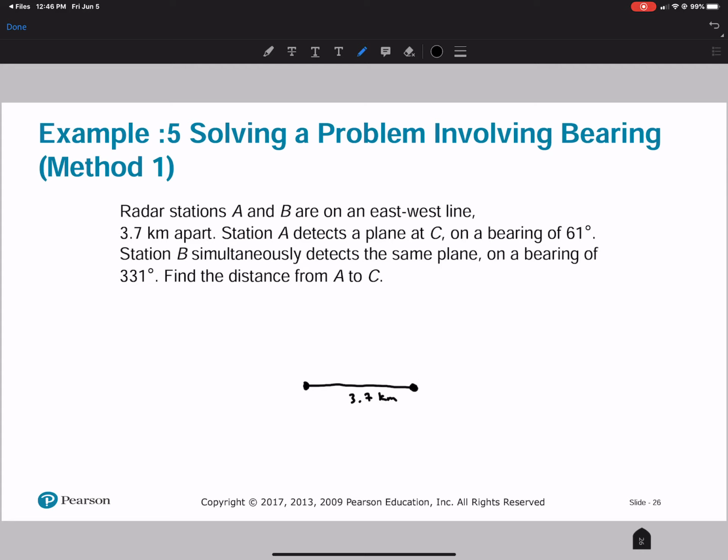Let's say this is A and this is B. Station A detects a plane at C with a bearing of 61 degrees.